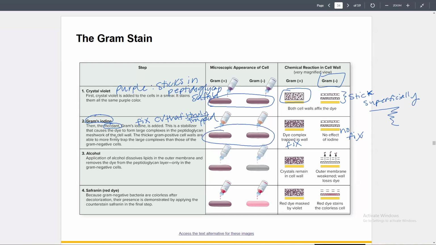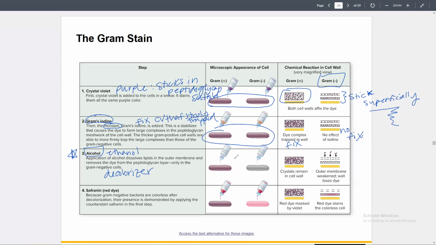The next step, this is the most crucial for sure, is the alcohol step. This is just ethanol, like drinking alcohol, and this is our decolorizer. And yeah, you do need to know what happens with each of these and why we're going in certain steps, especially for the lab, but you do need to know it for the lecture too.